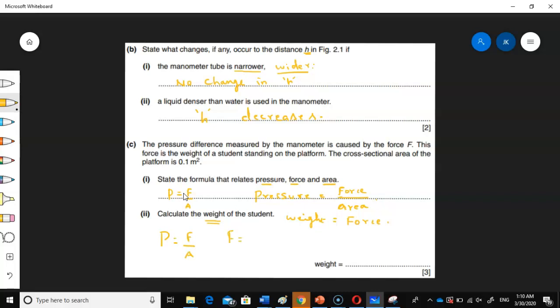So force is equal to pressure multiplied by area. Pressure, we found it is 6000 Pascal, and the area is here 0.1 meter square. So if we multiply, you get 600 newtons.